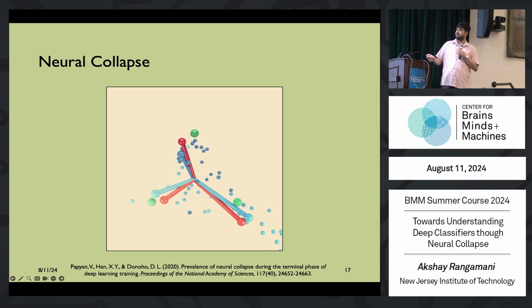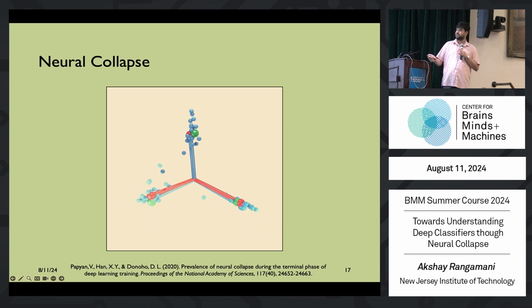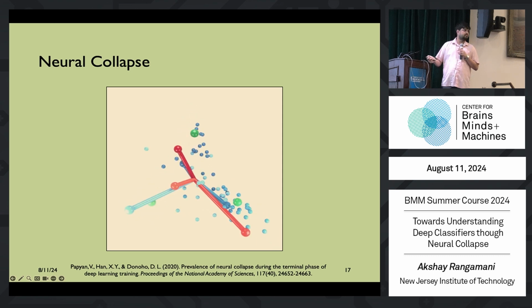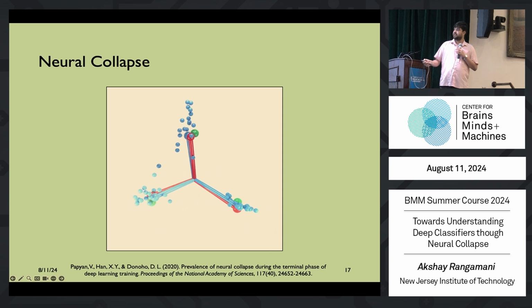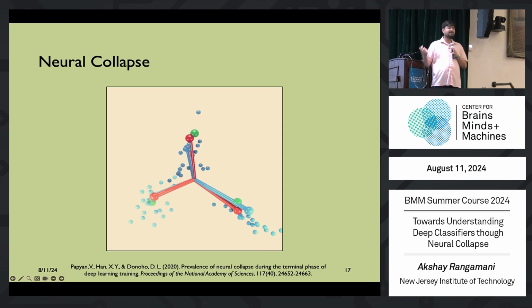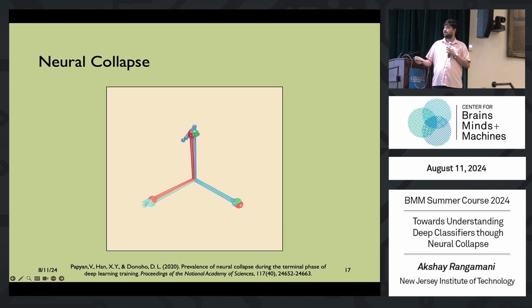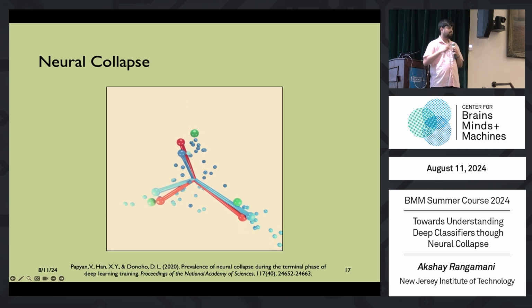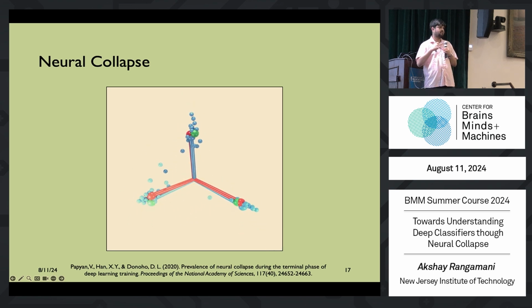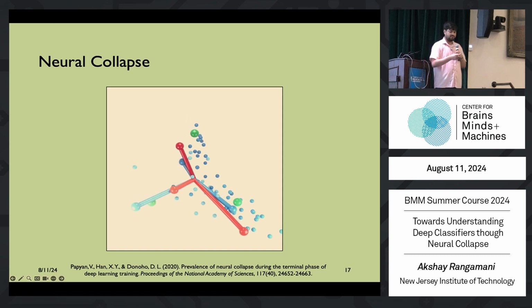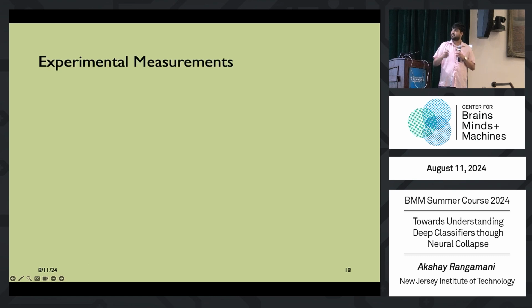All of the little blue balls are converging to the big blue ball and stick. The classifier vectors, which are the red ball and stick, are converging to the blue ball and stick, and both of those objects are also converging to the green balls over there.